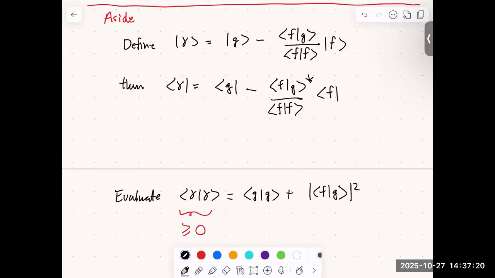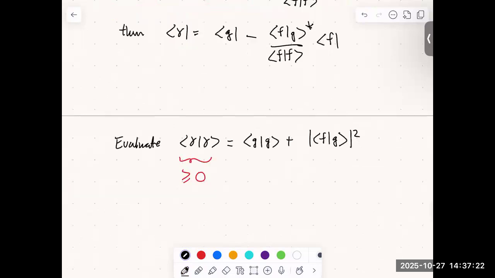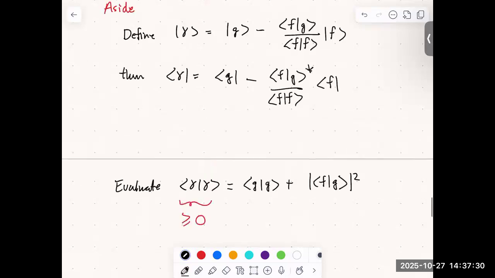Okay. Oh, sorry, I have to be careful. When we do this and this together, we get the inner product of f with f squared in the denominator. And then we have the inner product of f with f in the numerator. So we cancel one factor. So I was wrong. We are left with one inner product of f with f in the denominator.